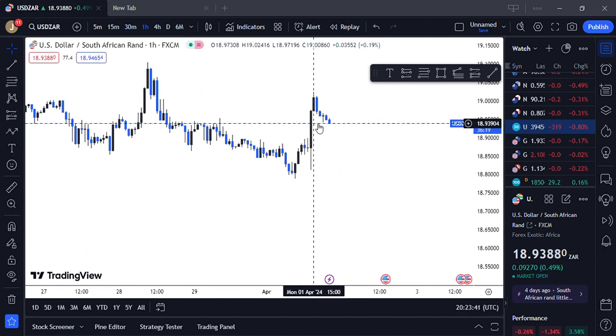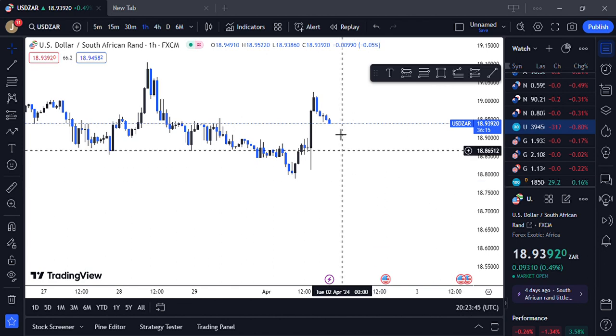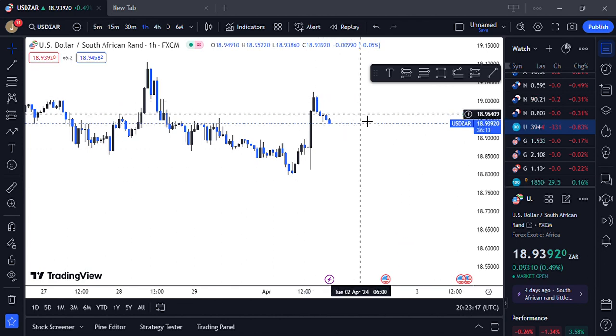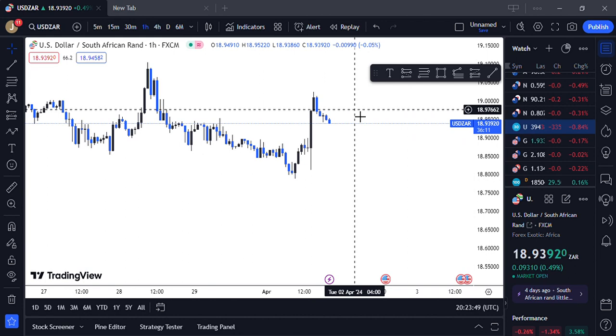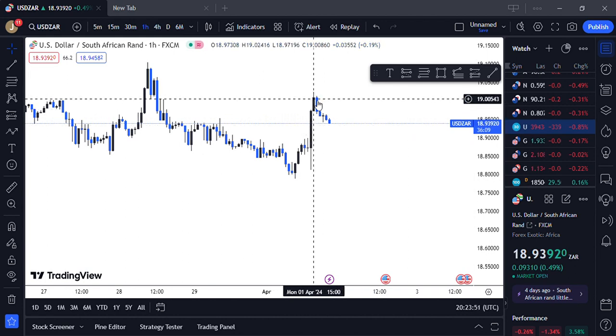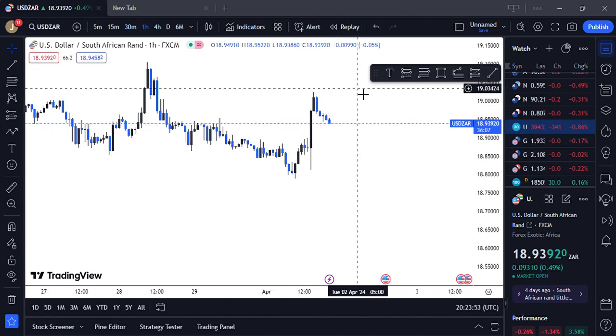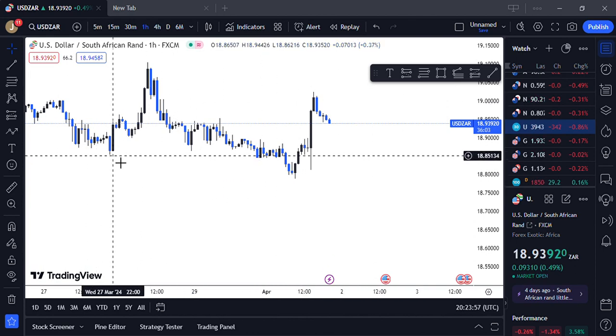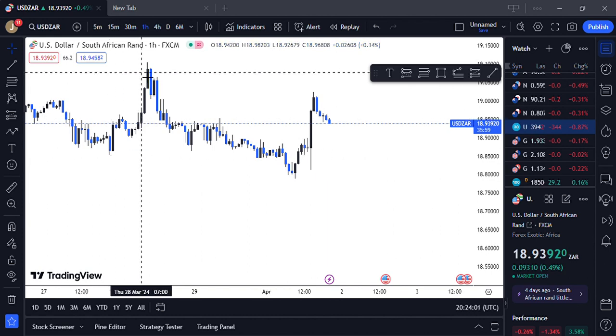Understand? So it looks like price is bearish. Remember what I said? Bearish is going down, bullish is going up. So this was a bullish movement from here until there.